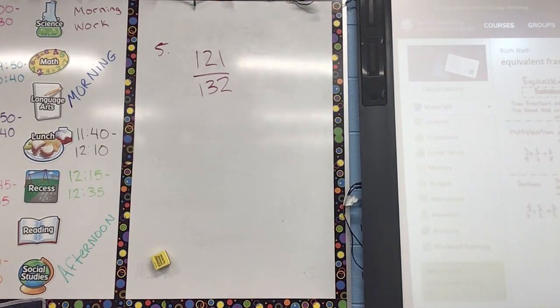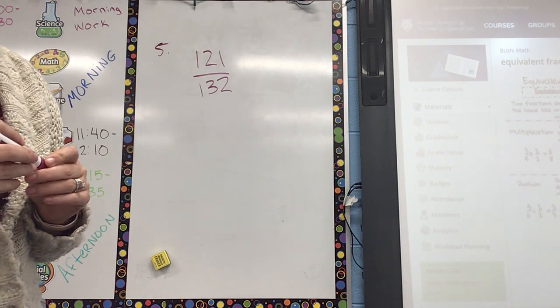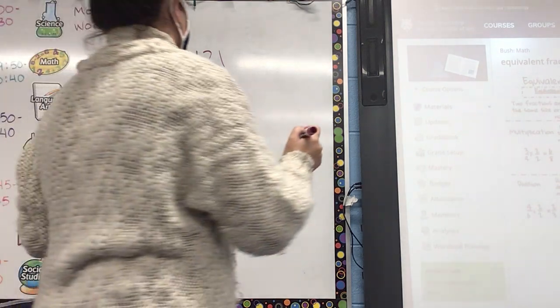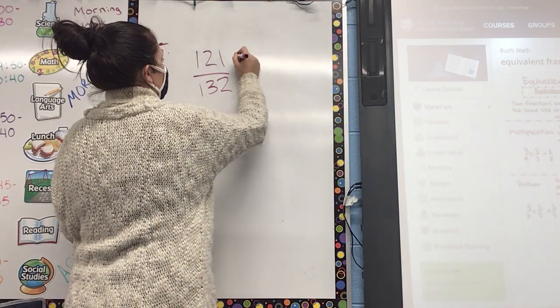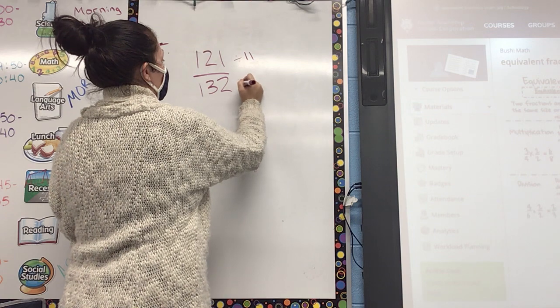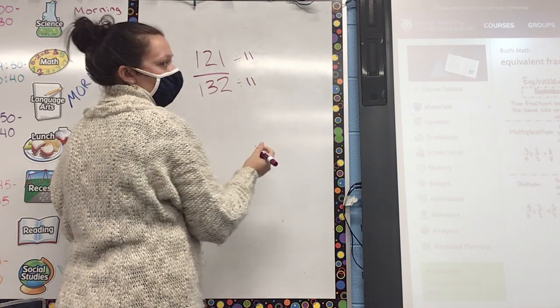Turn to a friend. Tell them what you got as an equivalent fraction. Justice. Divide by 11, she says. And what did you get when you divide by 11?